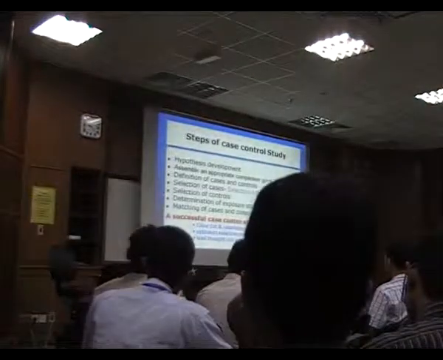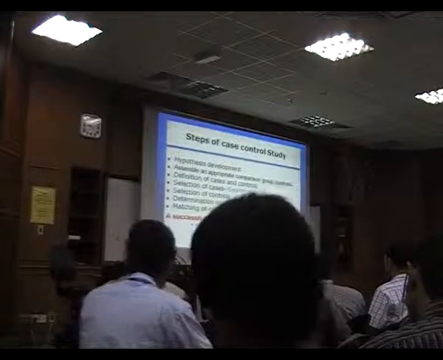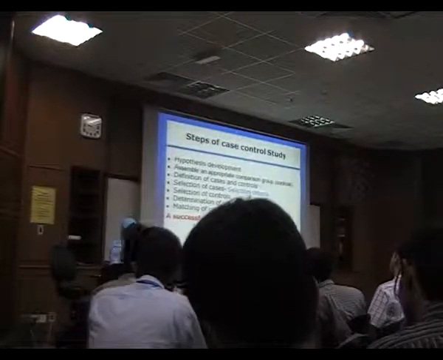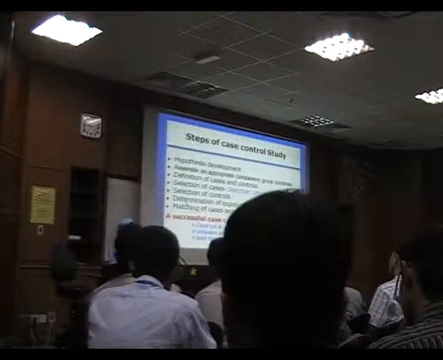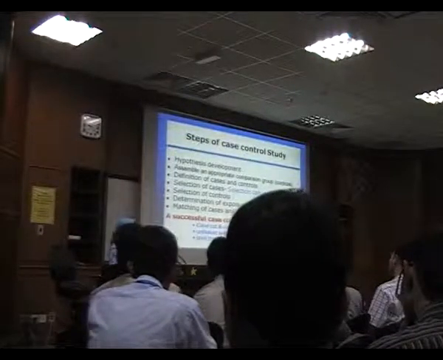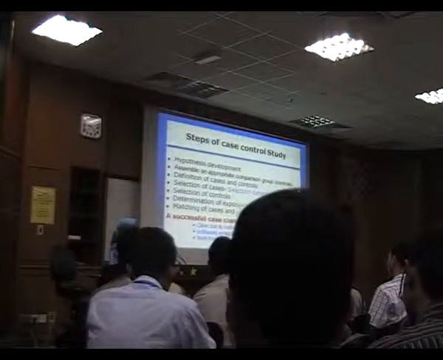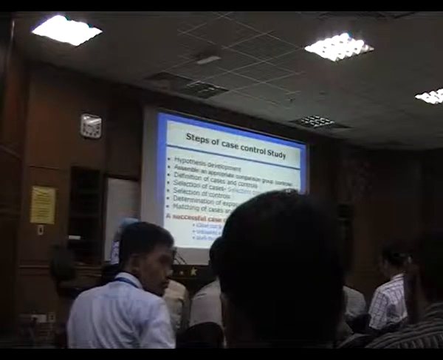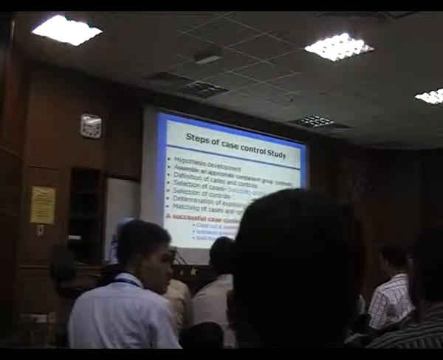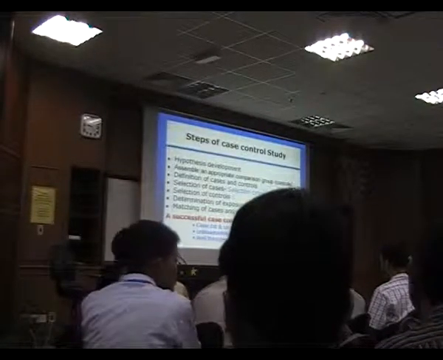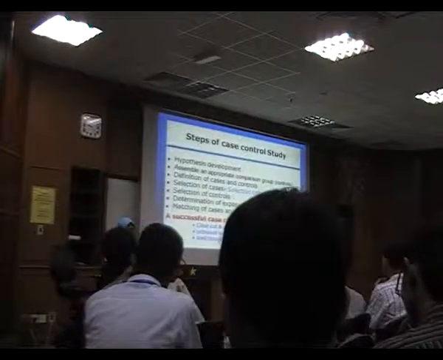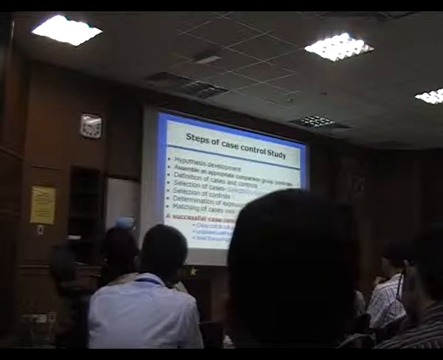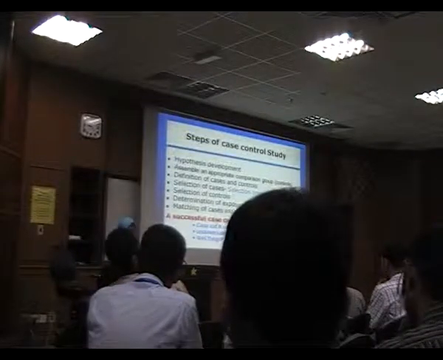Okay? And you have to select the control, then determine the exposure status. You know that the exposure status for lung cancer is smoking. So you have to decide which might be my main exposure variable. So you have to determine it earlier. And sometimes we prefer to match case and control. I am coming to every point.